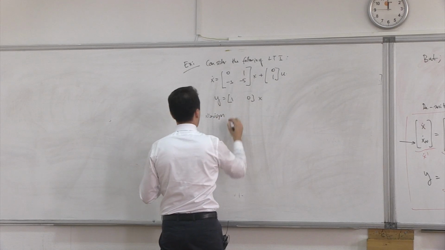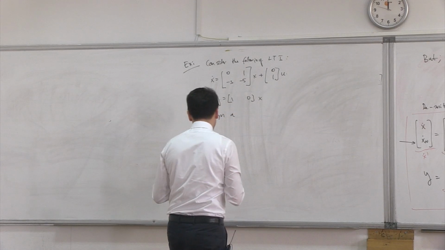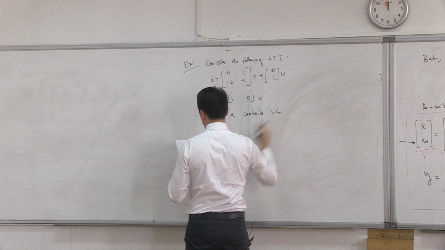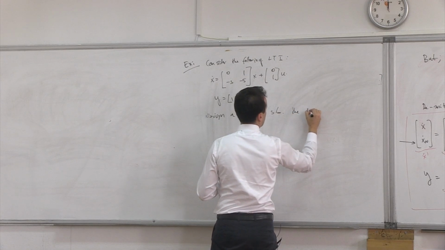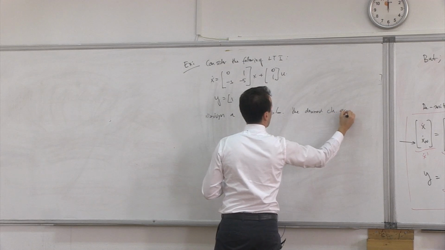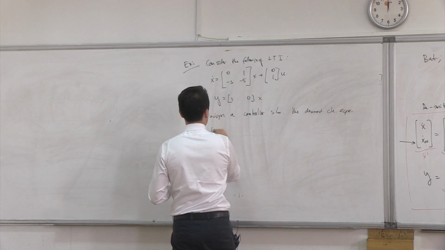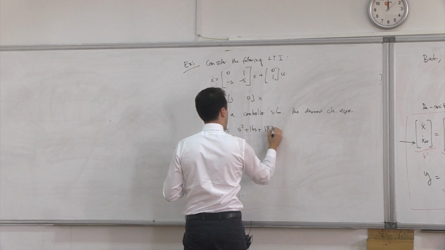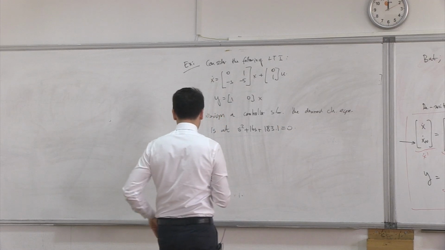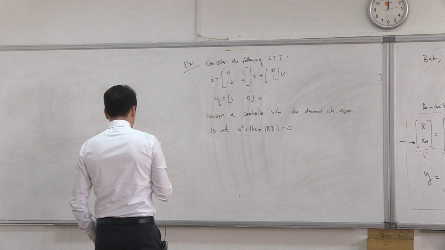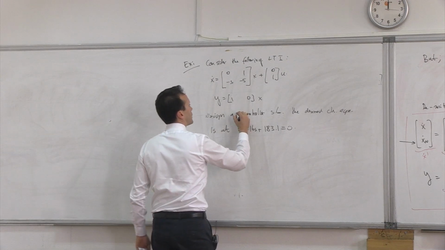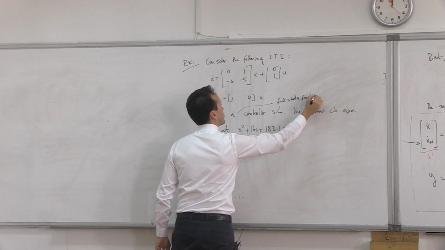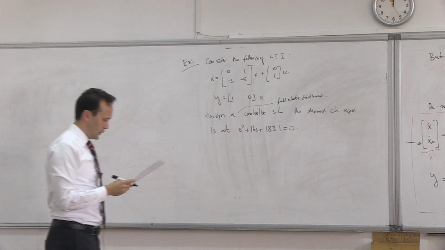Design a controller such that the desired characteristic equation is s squared plus 16s plus 183.1 equals 0. Design a full state feedback controller, let me just say.